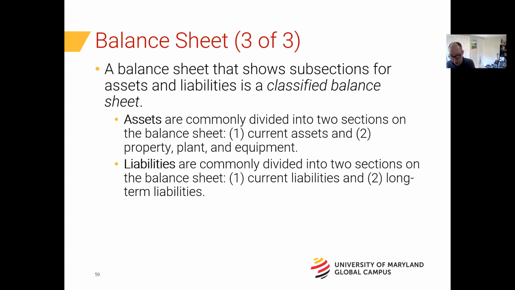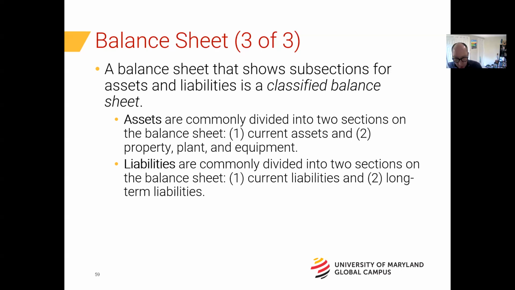Liabilities are also divided into two sections: current liabilities and long-term liabilities. Current liabilities are liabilities that need to be paid within 12 months. Long-term liabilities are liabilities that need to be paid in greater than 12 months.